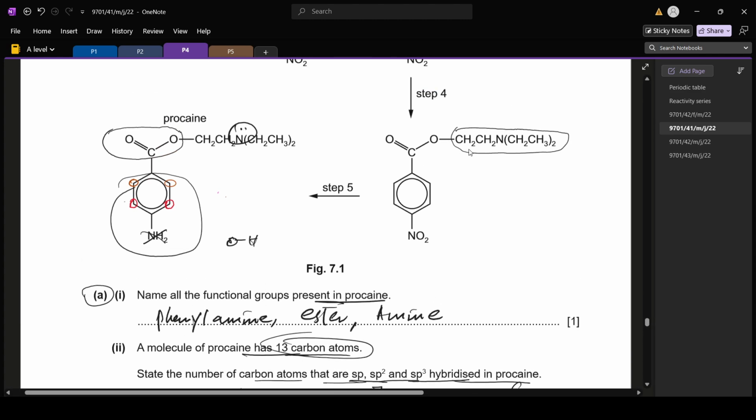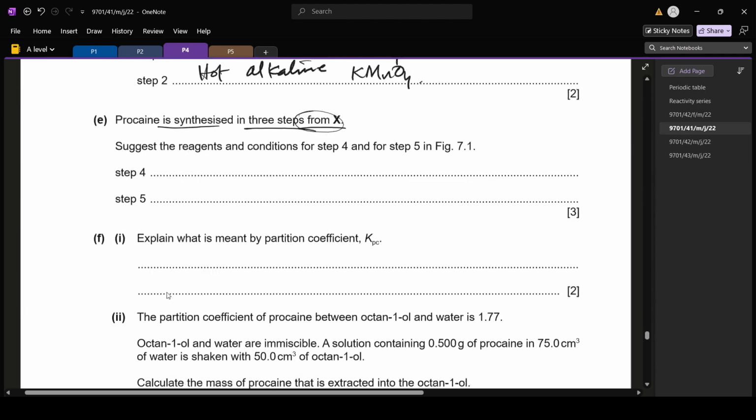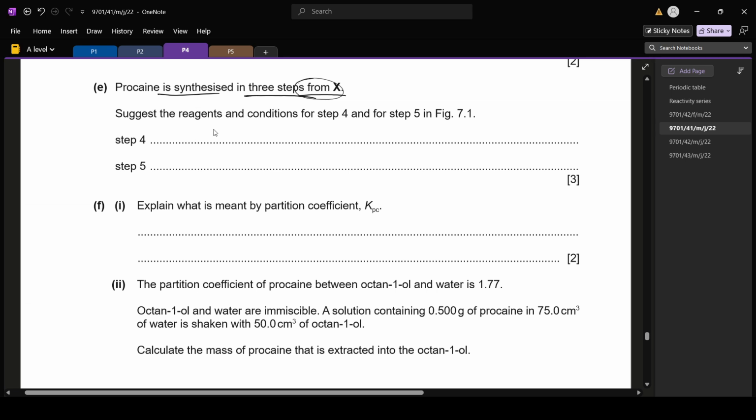So this is going to be a CH2 and N CH2 CH3, and this OH is attached over there.